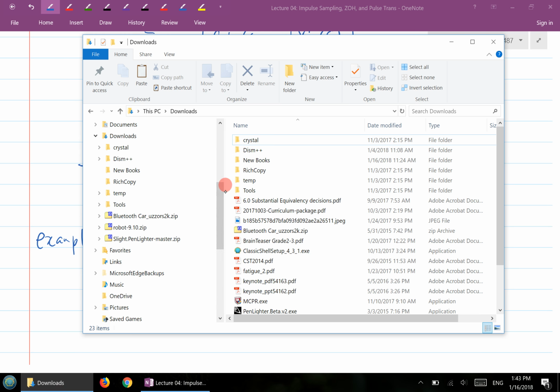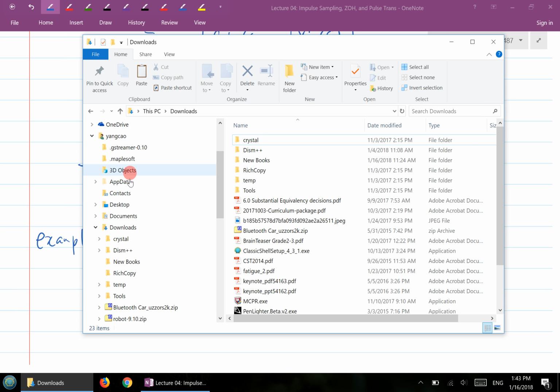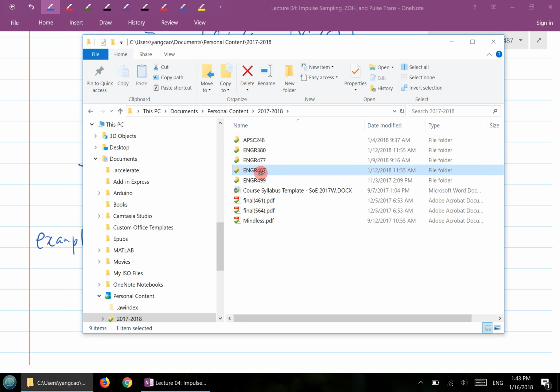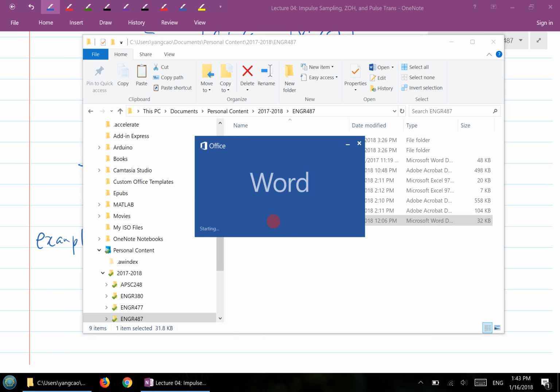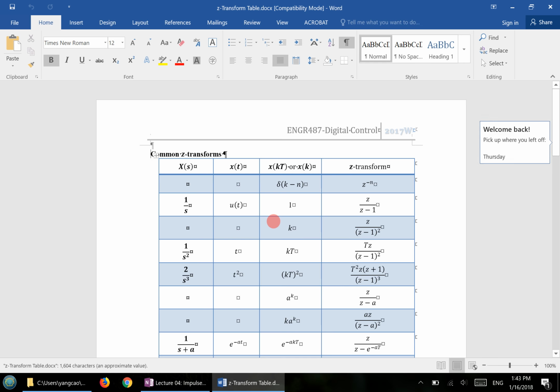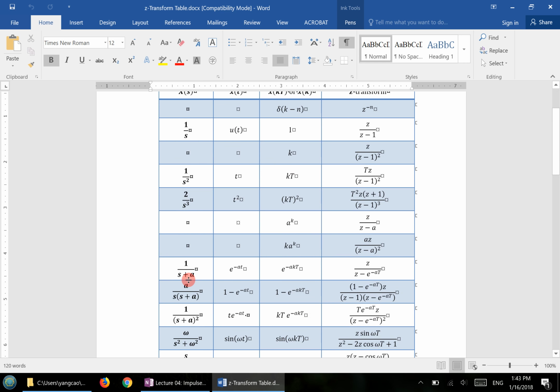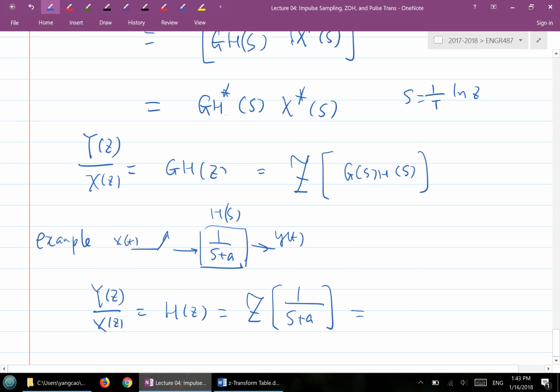If you look at the Z transformation table, looking at the most left side, you have 1 over S plus A, and then go to the last column here, which is this. So in this case, that's basically equal to Z. That makes sense, right?